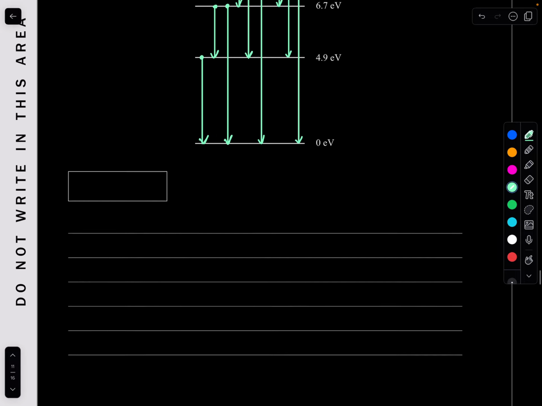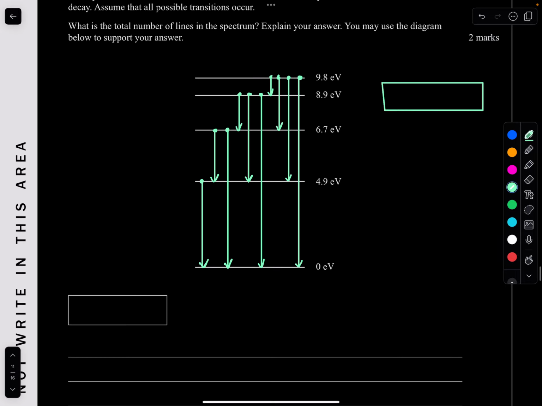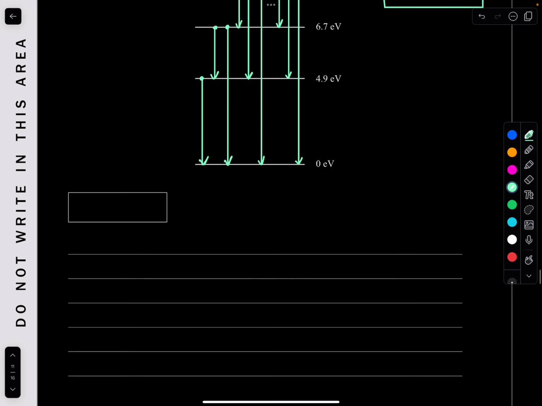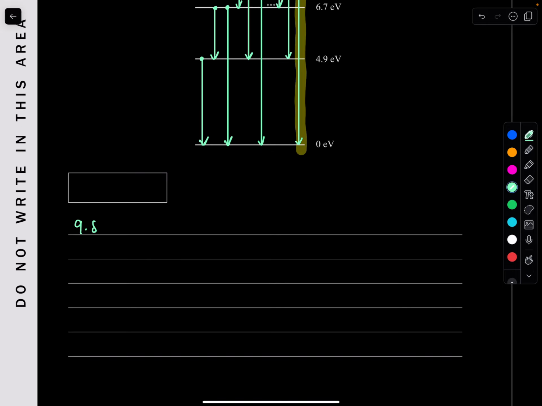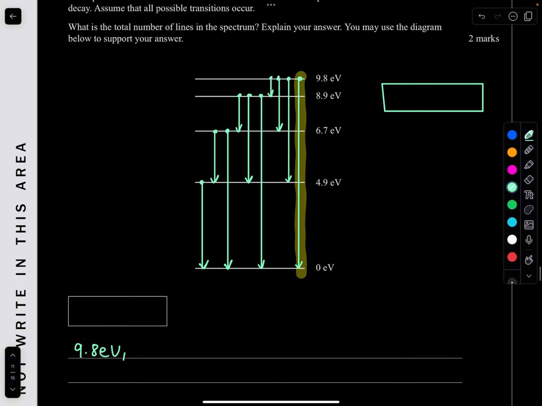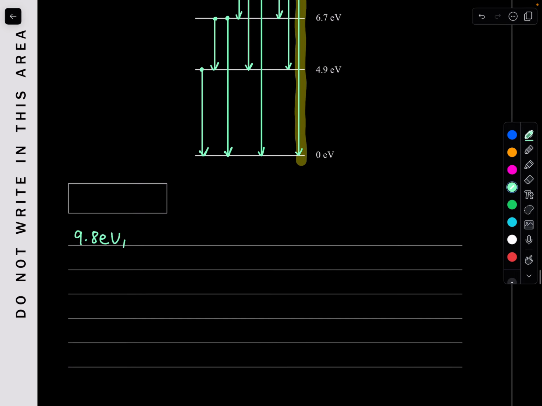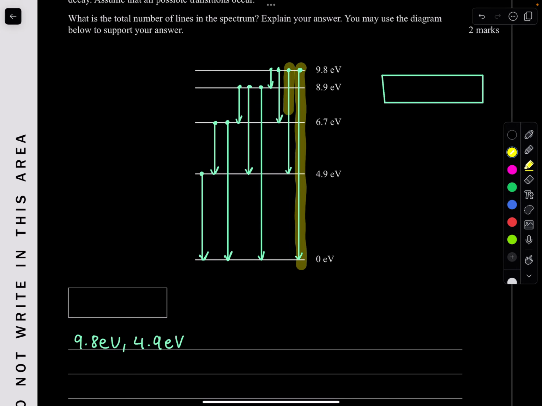Now, let's write those down and double check. The first one is going to emit a 9.8 electrovolt energy. The other one is 9.8 minus 4.9, so that's going to emit 4.9 electrovolts.